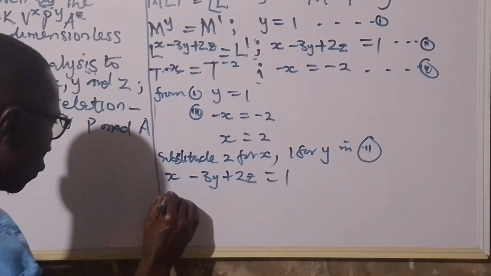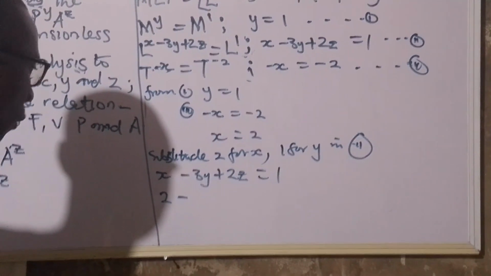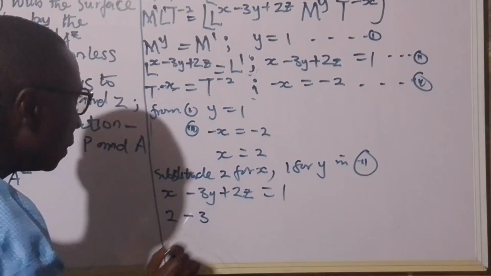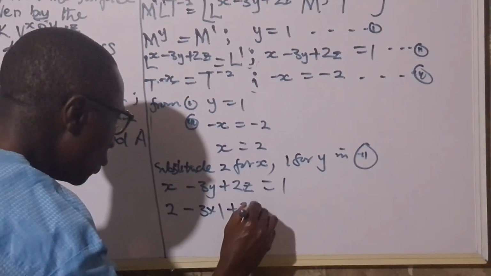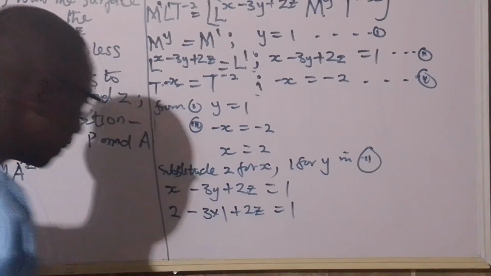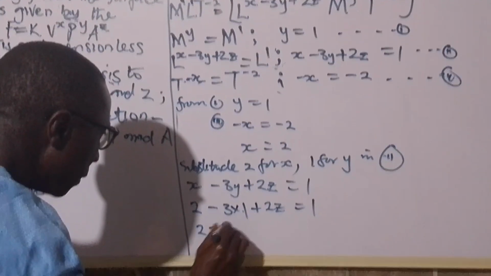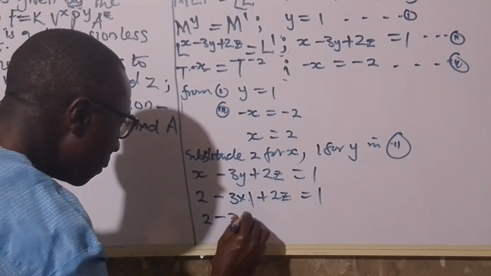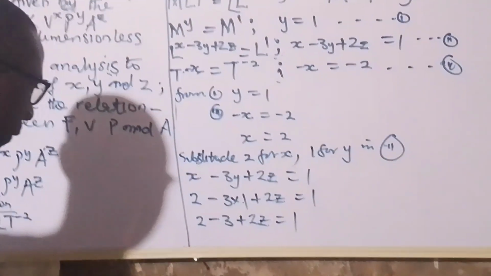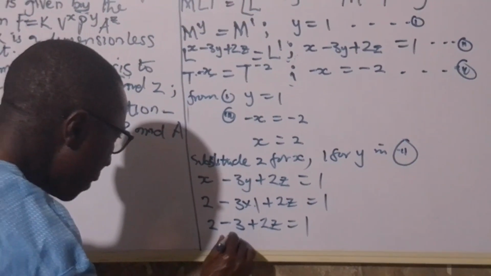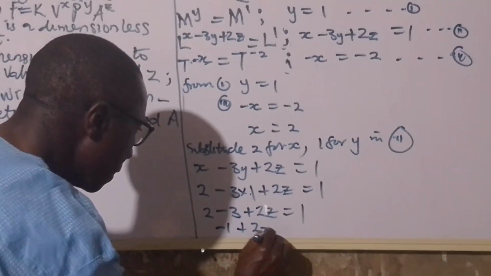That will be 2 minus, the value of y is what? 1, minus 3 multiplied by 1 plus 2z equal 1. This one will now give us 2 minus 3 plus 2z equal 1. And this one will give us minus 1 plus 2z equal 1.